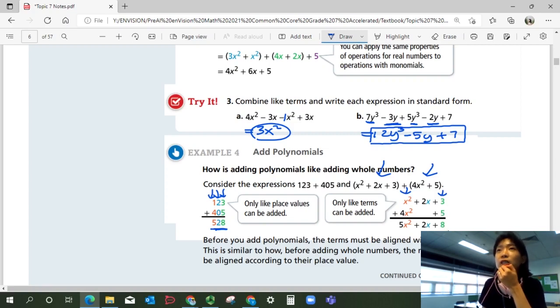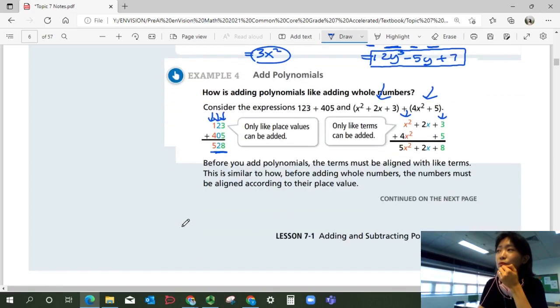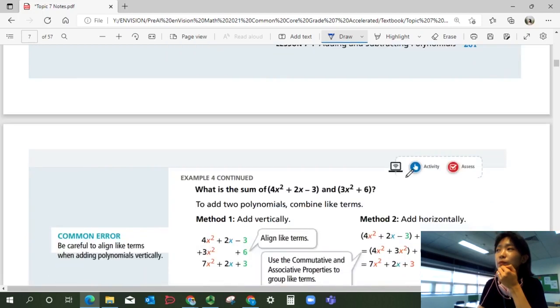Do not add different terms. You have to add like terms. Before you add polynomials, the terms must be aligned with like terms so that you're not making mistakes and changing your polynomials. Okay? So it's similar and different in these ways.